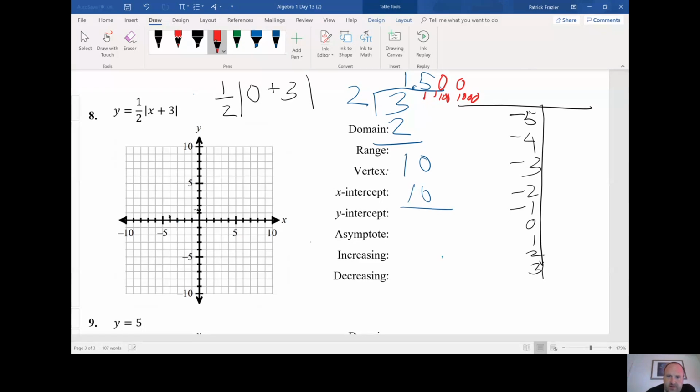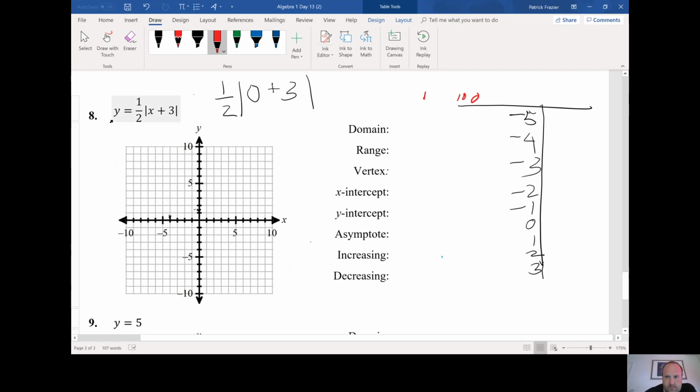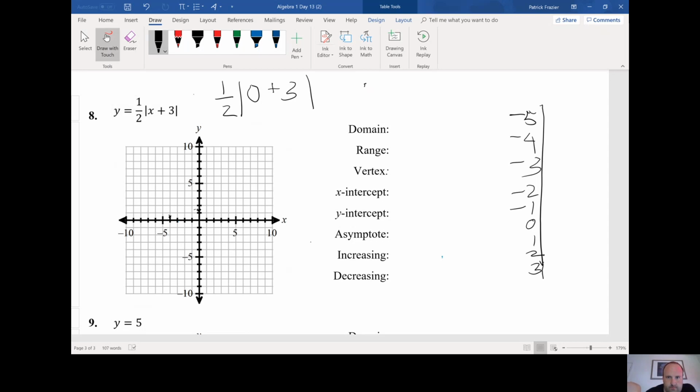So the point being that 1.5 is the same thing as 1 and 5/10.